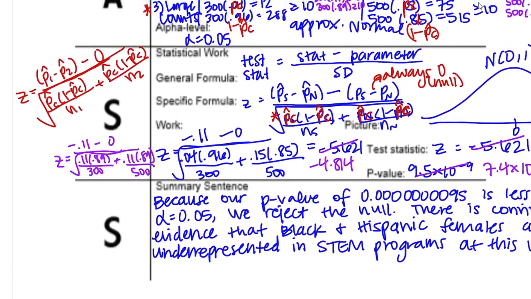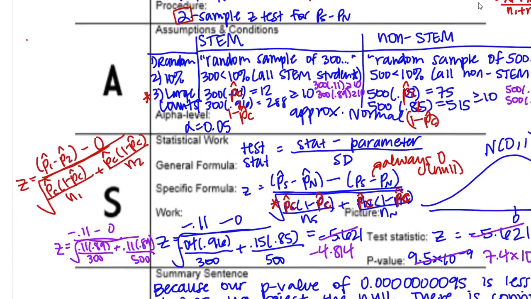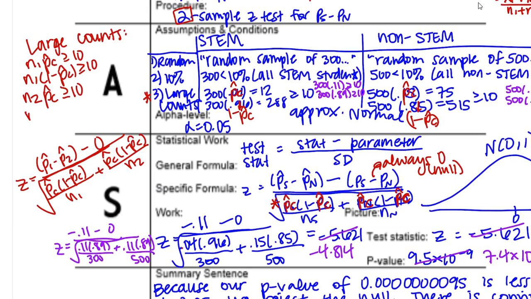What that does for our large counts means we do n1 times p hat c is at least 10, n1 times 1 minus p hat c is at least 10, n2 times p hat c is at least 10, and n2 times 1 minus p hat c is at least 10.